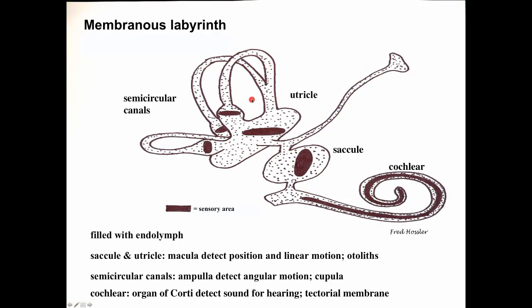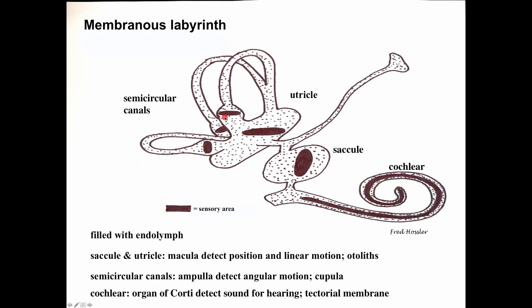Here is the membranous labyrinth, which would sit within that bony labyrinth. The membranous labyrinth is filled with endolymph, and here are some sensory areas in the membranous labyrinth. So you have the saccule and utricle with maculae that detect position and linear motion, and we'll talk about their association a little bit later with otoliths.